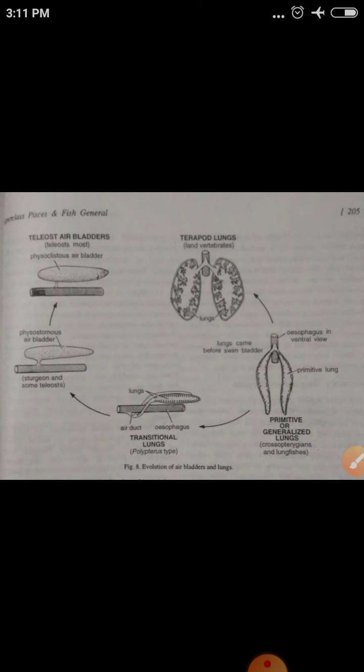The first line led to the air bladder or swim bladder of most modern teleosts by a gradual shift of origin from and connection with the gut from the ventral to the dorsal side.